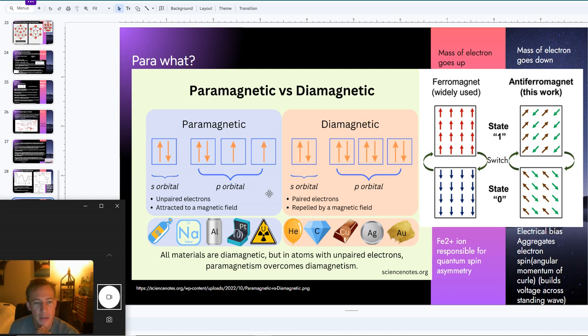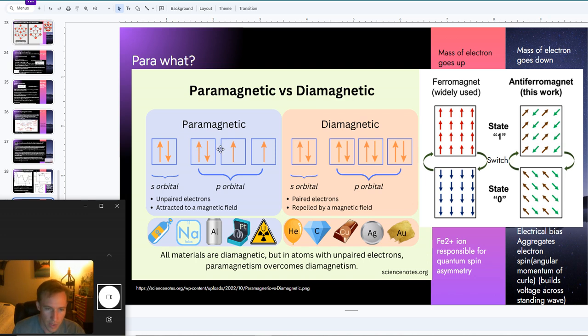And so the four types of magnetism: paramagnetic, diamagnetic, ferromagnetic, and antiferromagnetic. So we see with paramagnetic, it's basically has to do with the orbital structure of the baryonic matter in itself. So it has to do with ionization, right?